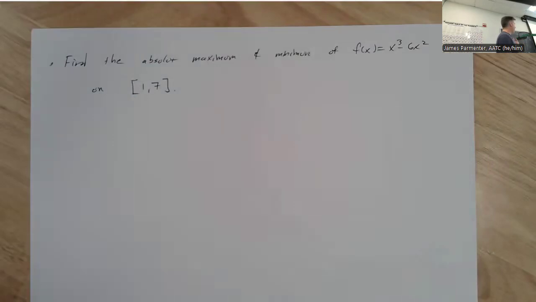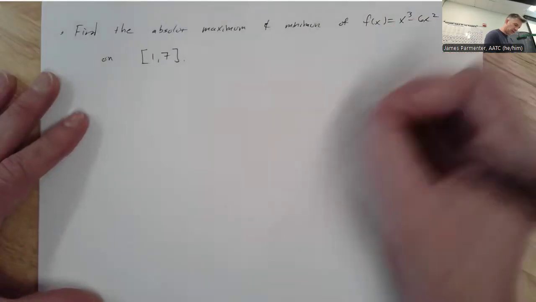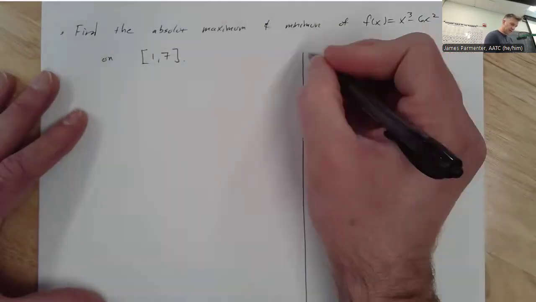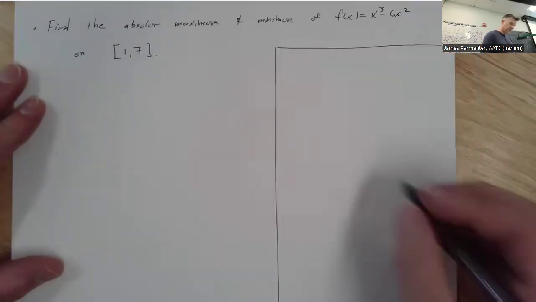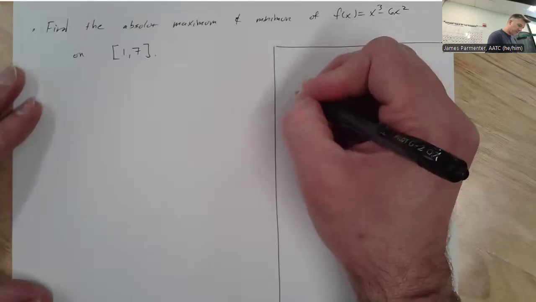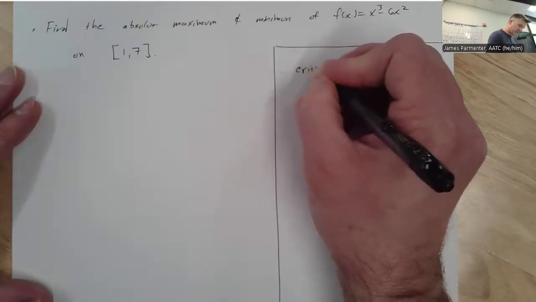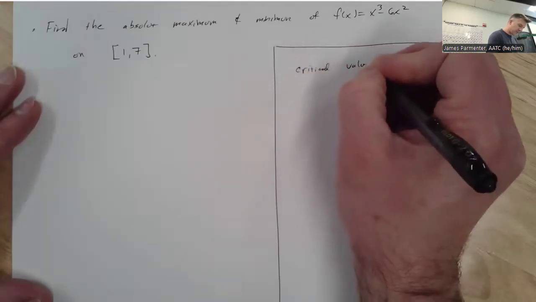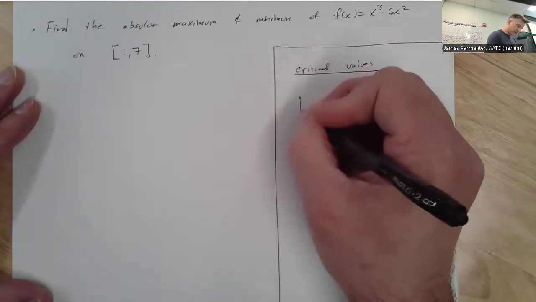So the first thing we're doing, and I know we haven't said these words yet in class, so we'll say now. The first thing we do is we're going to find the critical values. And the critical values of a function are where you have a maximum or minimum, or where you could have a maximum or minimum. For example, some pictures of critical values.